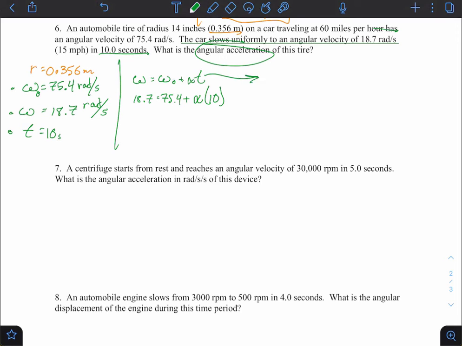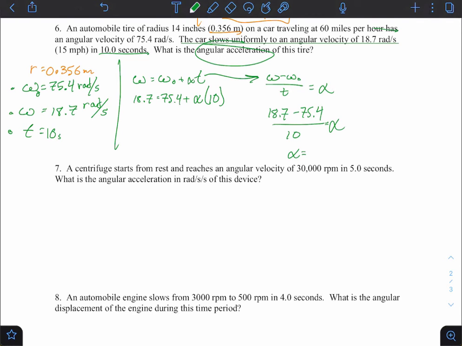And if you wanted, you could have rearranged this equation. Omega minus omega naught over t equals alpha. And then it would be 18.7 minus 75.4 over 10 equals alpha.